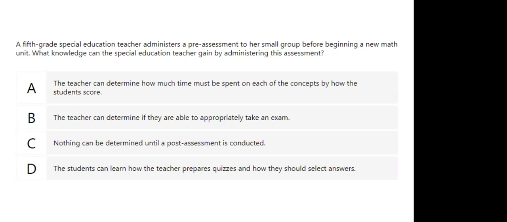You can't ever go wrong mentioning pre-assessment and post-assessment. Which one of these is the correct answer for this question.